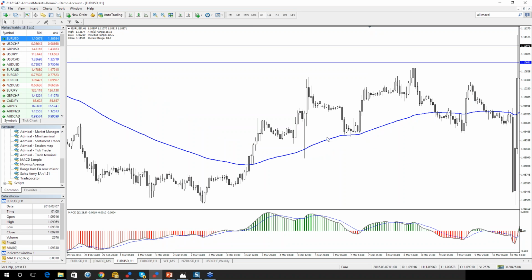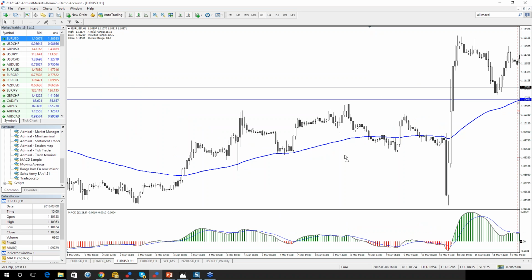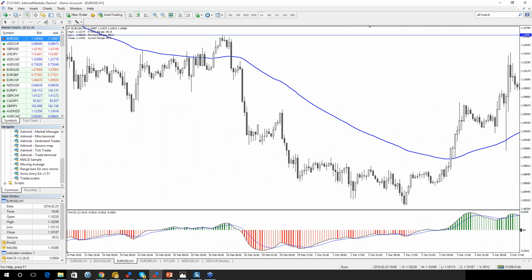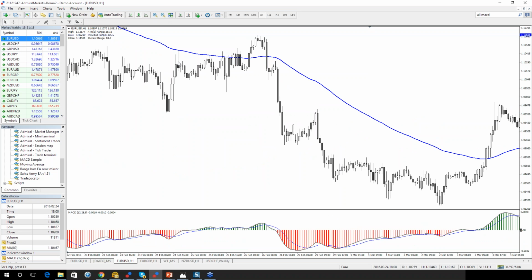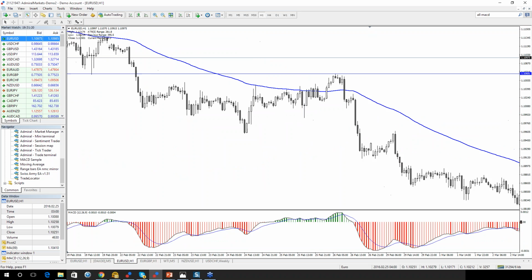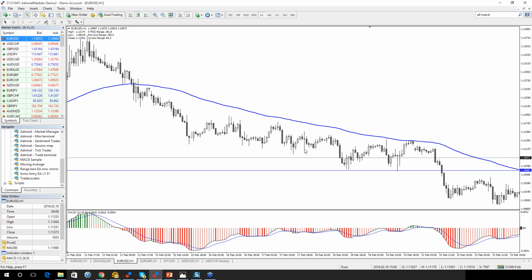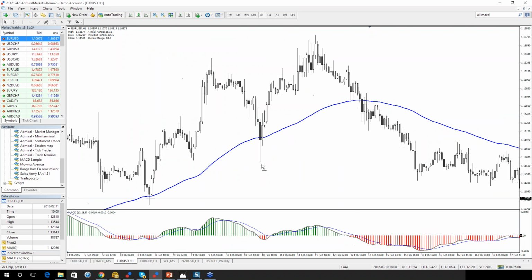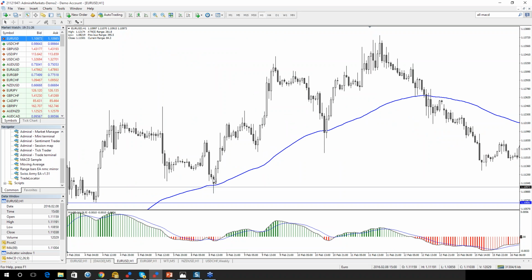So this is T89, this is T89. You can find a lot of examples. This is T89 to the downside. Look how price respects EMA 89. This is T89 to the upside.